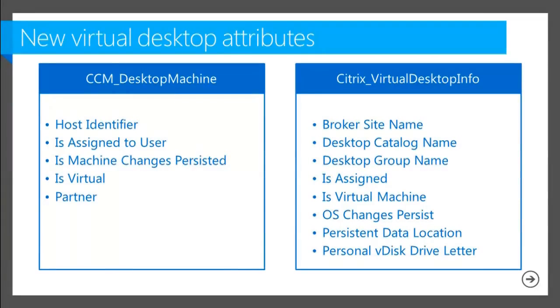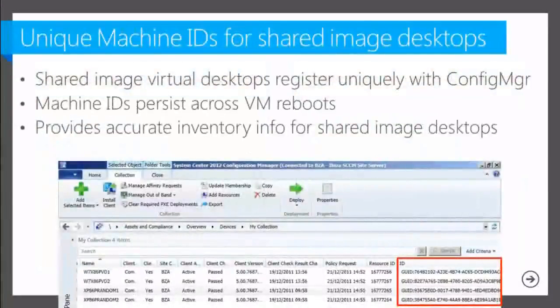So you can use these when creating patch and OS deployment groups for compliance reporting, for inventory management as well. Those are part of the current XenDesktop 5.6 and System Center 2012 and 2012 SP1.